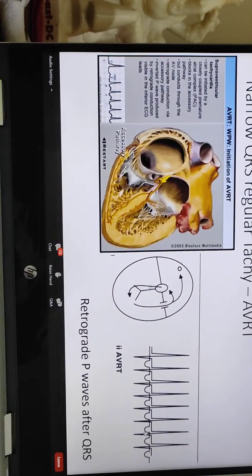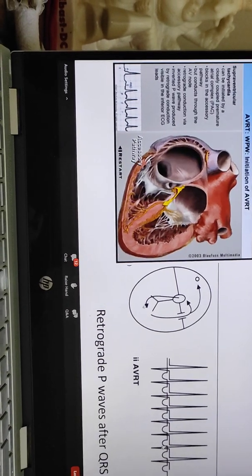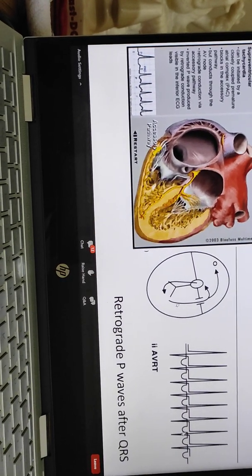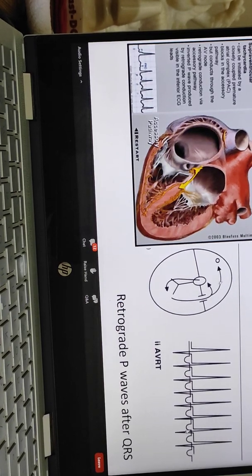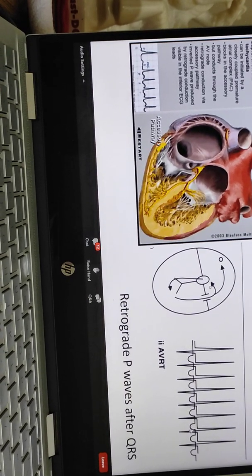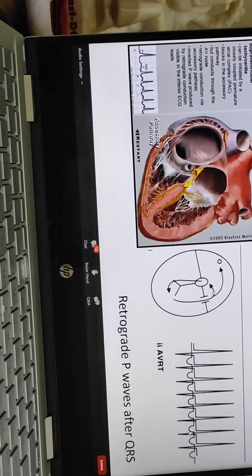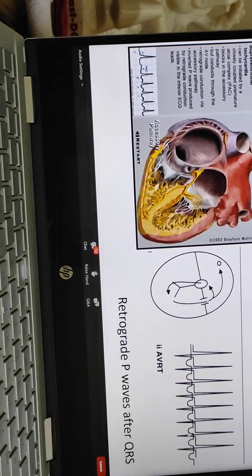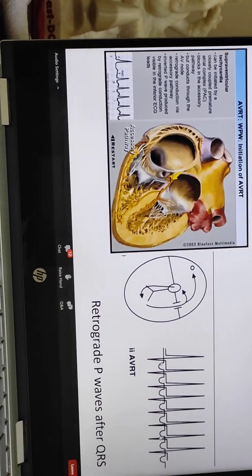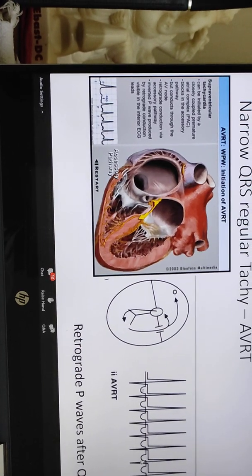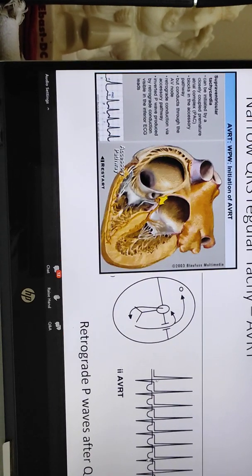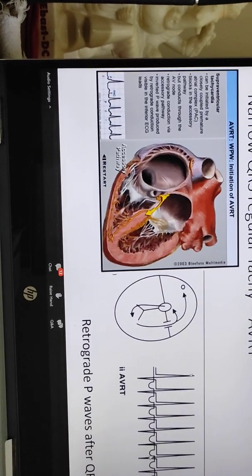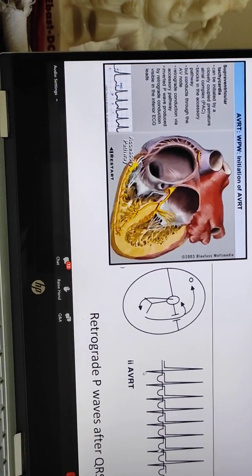As you can see here, the antegrade activation comes and it takes some time for this impulse to reach the accessory pathway to retrogradely depolarize the atrium. That's why the retrograde P wave, recognized as an inverted P wave in leads II, III and aVF, is going to be inscribed after the QRS complex in the ST segment, because the retrograde activation is a little later than the antegrade activation through the normal conduction system.